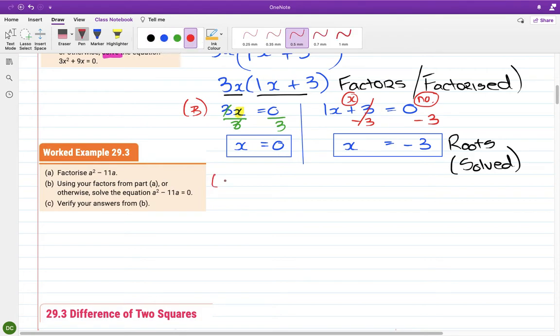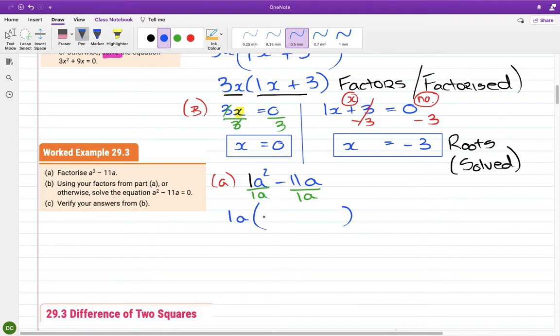So part A says a squared minus 11a. There's an invisible 1 there, which I'll put down. Is there anything common? Well, the 1 is common, and there's an a common. The 1 and the a, and then I open up my brackets, and I divide by the highest common factor. So I'm going to divide both of these by 1a. 1 divided by 1 is 1.